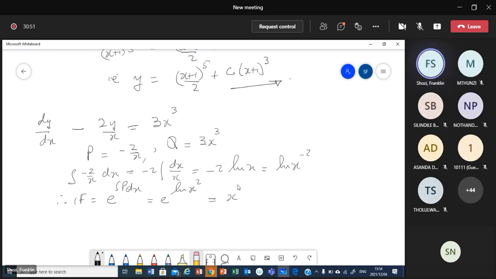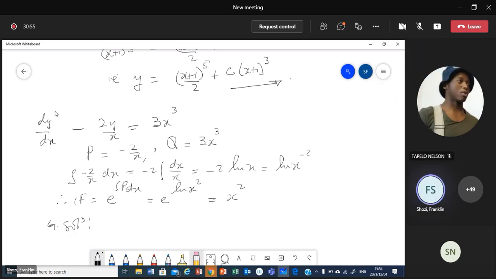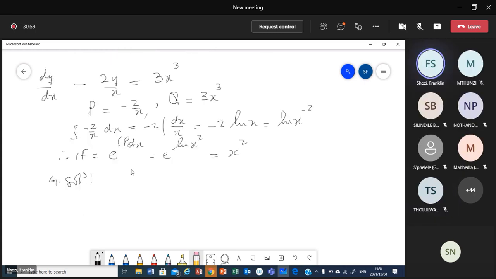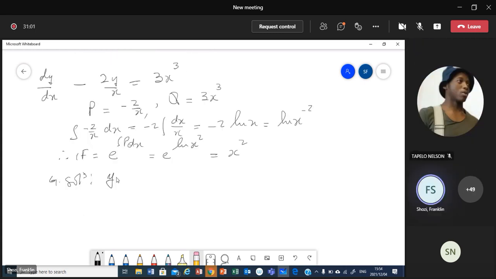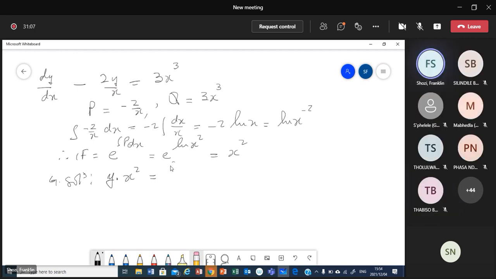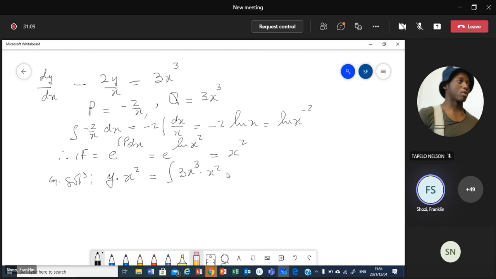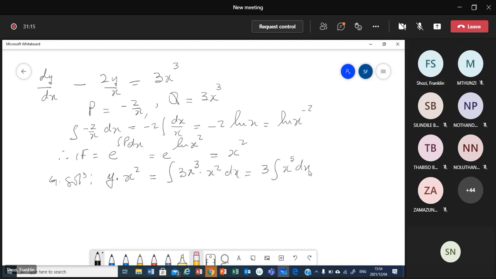Therefore, what is the general solution? The general solution is y times x squared is equal to the integral of 3x cubed and x squared dx, which is just 3 times the integral of x to the power 5 dx.